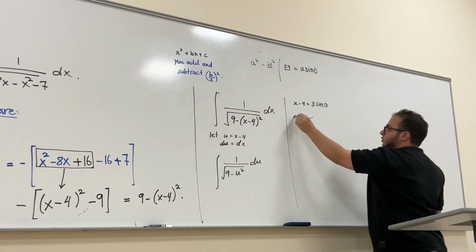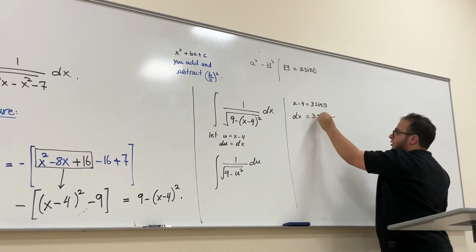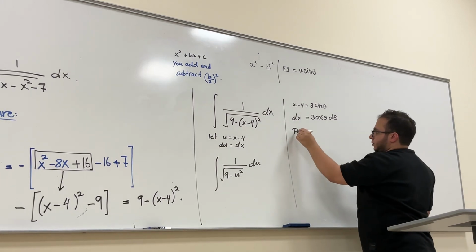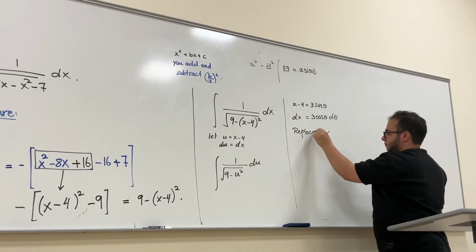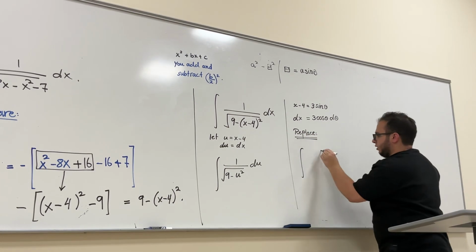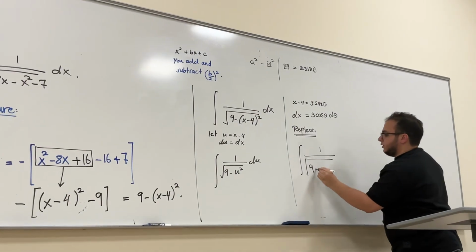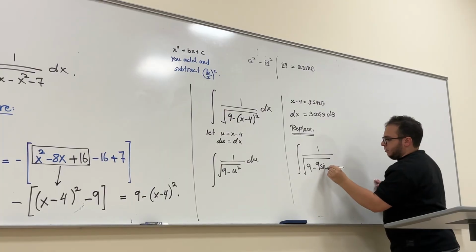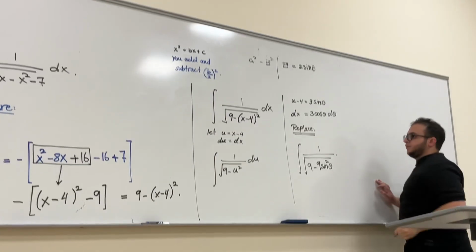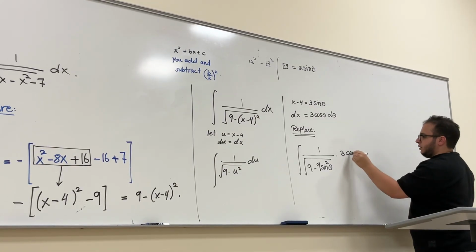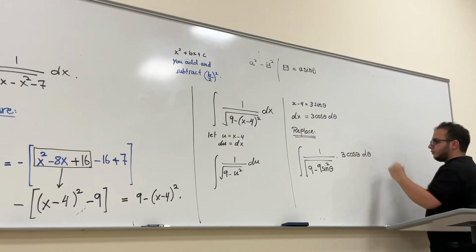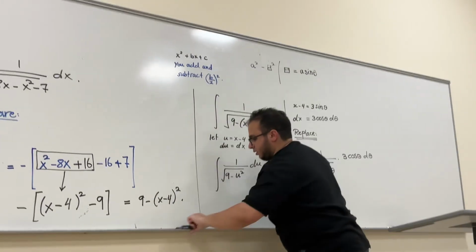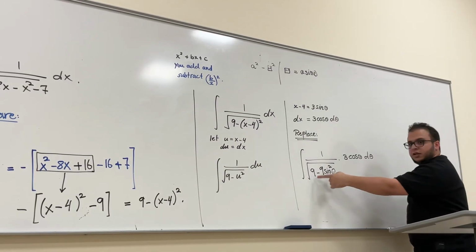Take the derivative of both sides: dx equals 3 cosine theta d theta. And replace now. 1 over 9 minus (x minus 4) all squared is 9 sine squared. dx is 3 cosine. Let me pull the 9 out like usual.